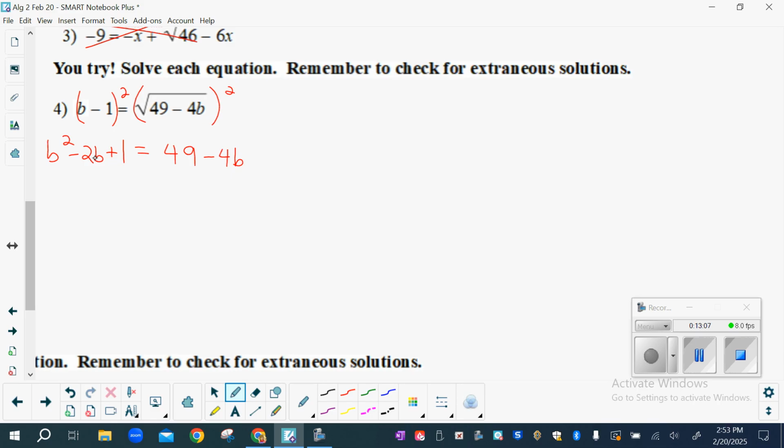So now we want to get everything equal to 0. So we're going to subtract 49 and we're going to add 4b. So we get b squared plus 2b minus 48 equals 0.